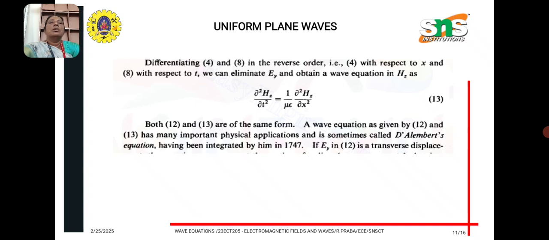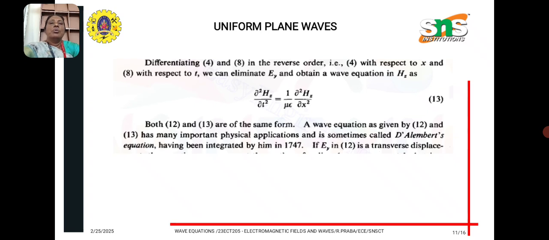It is in fact a scalar wave equation of the simplest form. And now differentiating equation 4 and 8 in reverse order, that is equation 4 is differentiated with respect to x and equation 8 is differentiated with respect to t, we can eliminate Ey and obtain another wave equation in terms of Hy as ∂²Hy/∂t² is equal to 1 by με ∂²Hy/∂x².